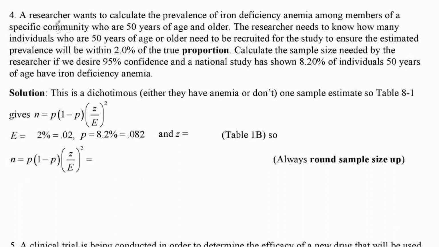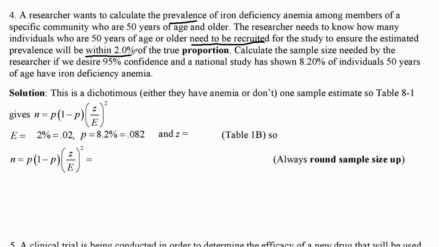Okay, next problem here. Researcher wants to calculate prevalence here of iron deficiency anemia in a specific community among those that are 50 years of age and older. So researcher needs to know how many individuals who are 50 years and older need to be recruited. That's a sample size question for the study in order to ensure the prevalence will be within 2% of the true proportion.